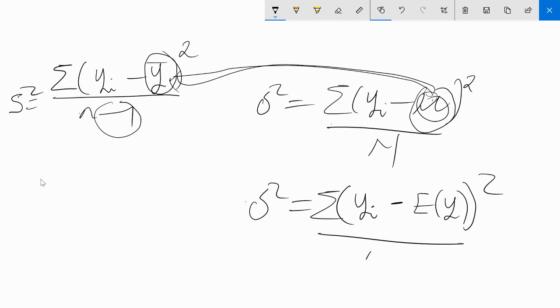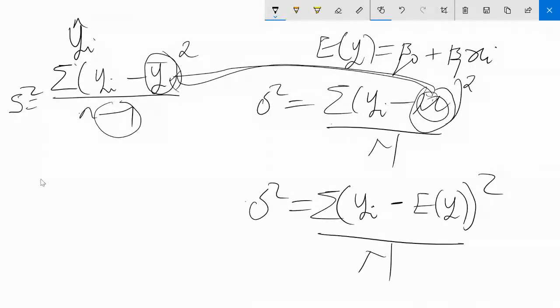We know that our expected value of y is nothing but beta 0 plus beta 1 xi, and this is estimated by yi hat, beta 0 hat plus beta 1 hat xi.